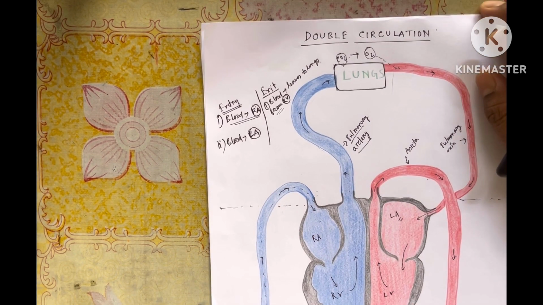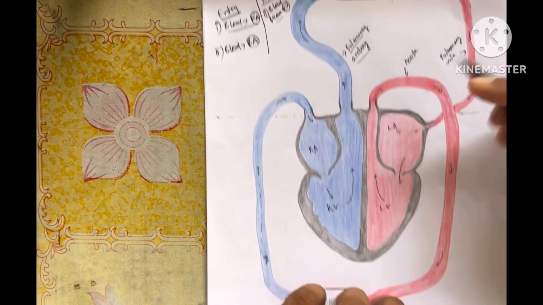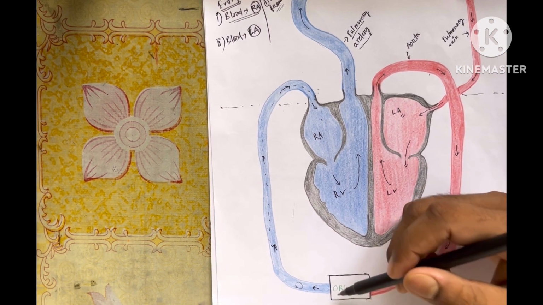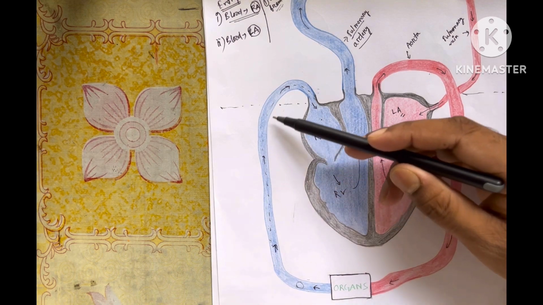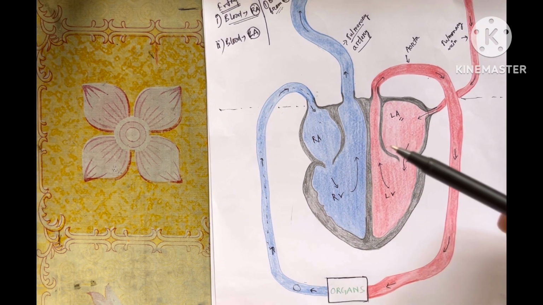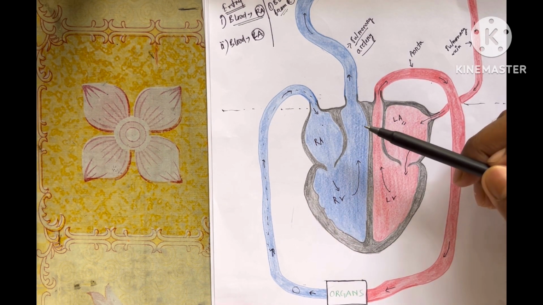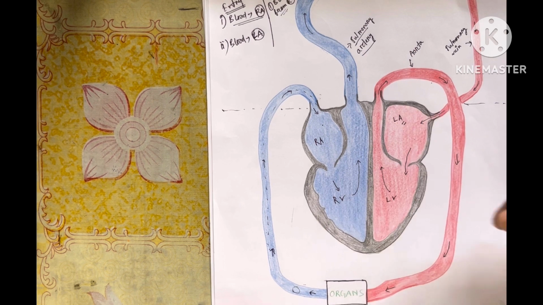So overall thing is, why is it called double circulation? Because when deoxygenated blood comes from organs towards our heart, then the blood has to enter and leave our heart 2 times before going to our organs.